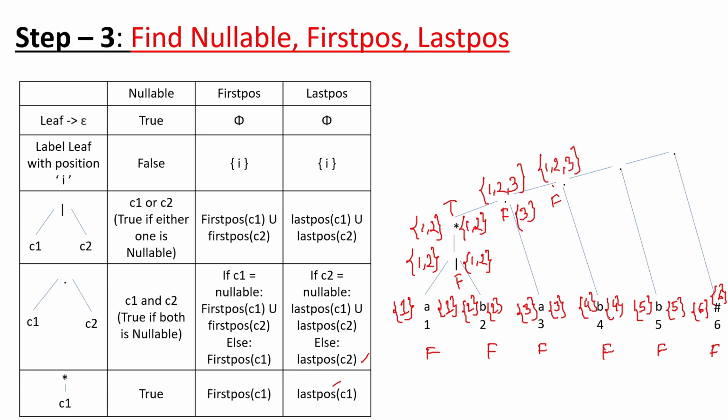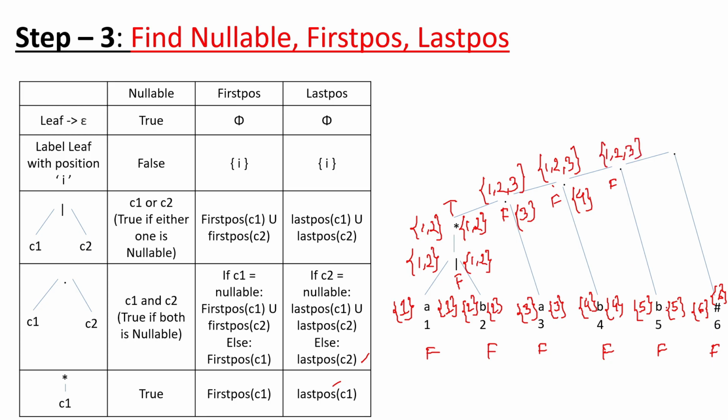And for the last pos, since C2 is also not nullable, it will be the last pos of child 2, that is only 4. Again for this one, both are false, so this will also be false, that is not nullable. And since child 1 is not nullable, only child 1's first pos will be taken.